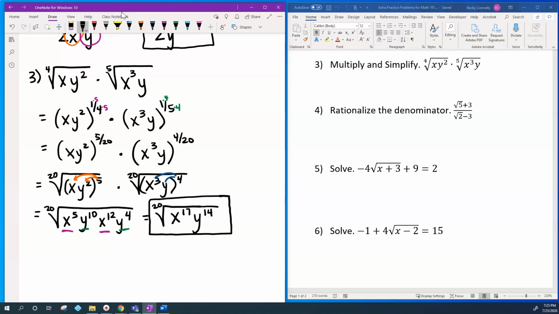And just keep in mind, if it starts out in square root form, then your answer needs to be in square root form. Okay? If it started out as fractional exponents, then they expect your answer to end up in fractional exponents, even though you might be switching them back and forth through the process just to make it easier for you.